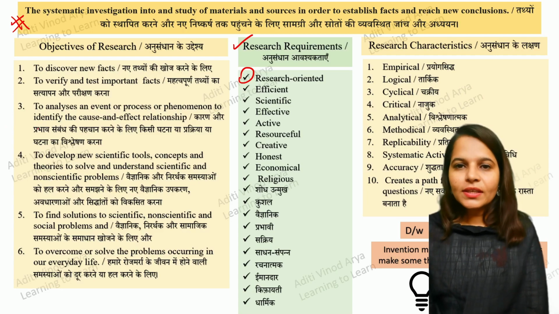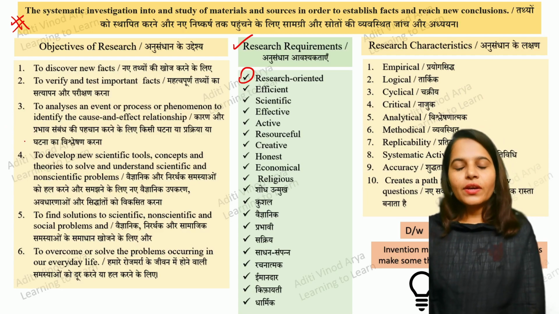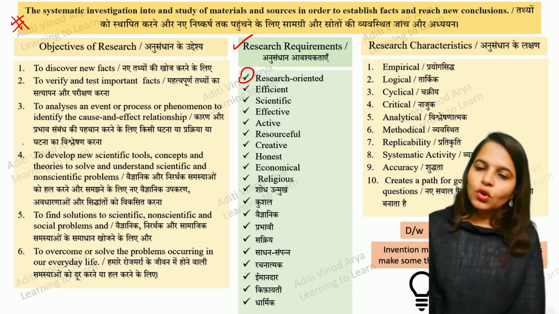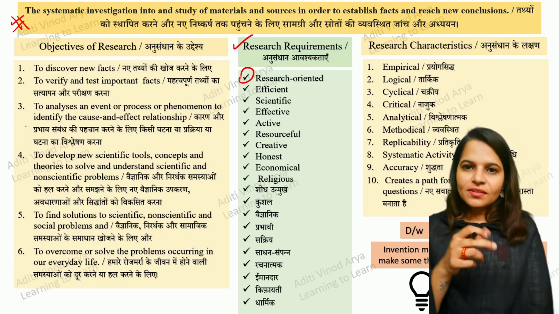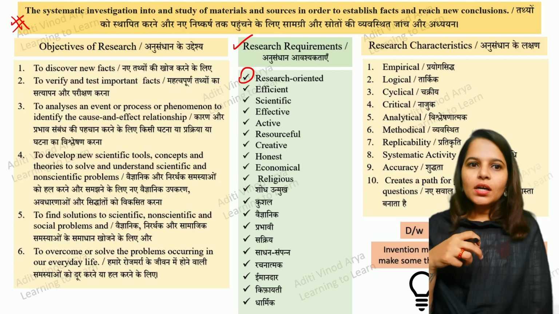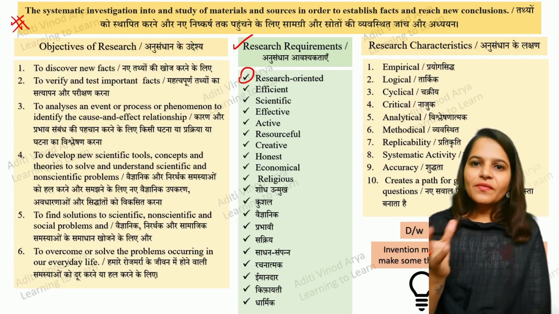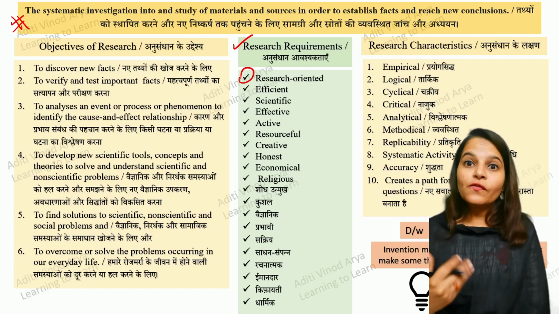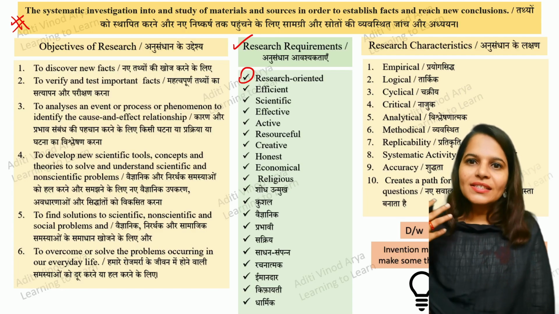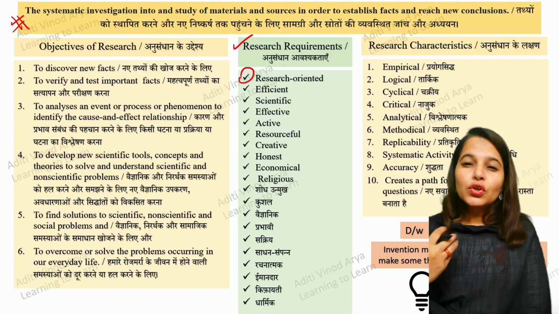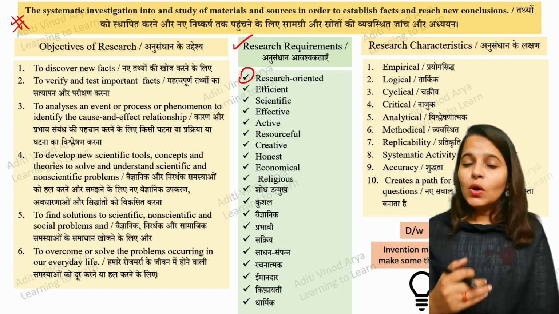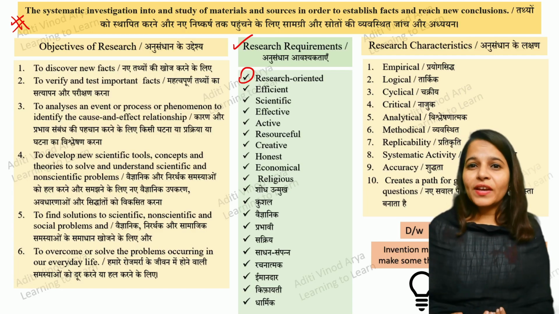The next is scientific. Yes, you need to have a scientific mindset as well as scientific thought. Like every action has a reaction, or everything has a reason. So there is a cause and effect relationship everywhere, and we need to find it out. So you should have a scientific mindset, a scientific curiosity: how things work, why did this happen, what is the effect, and everything.